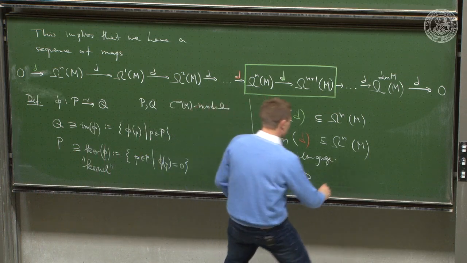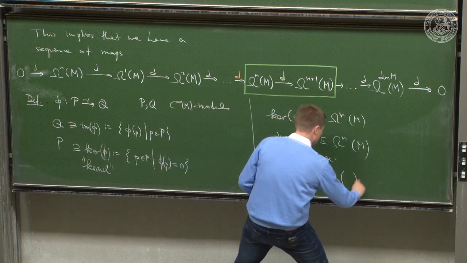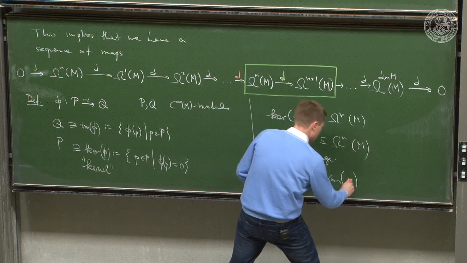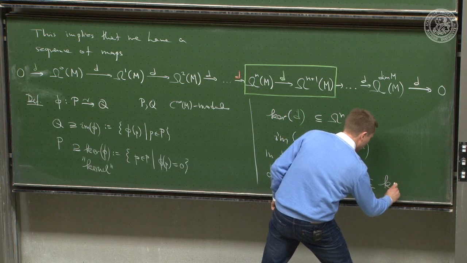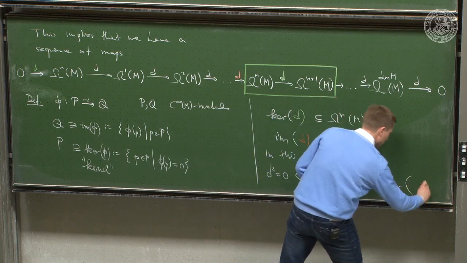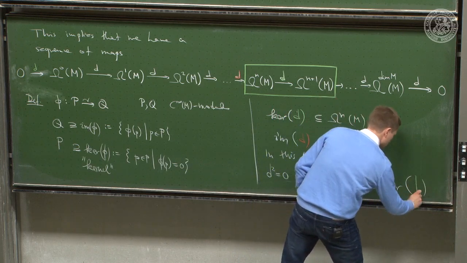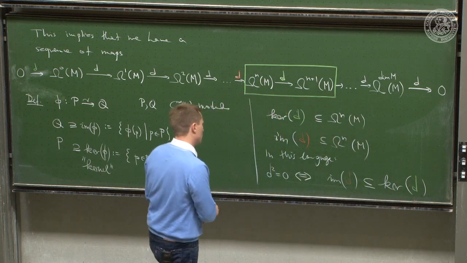So that means that the image of the red D is a subset of the kernel of the green D. Okay?